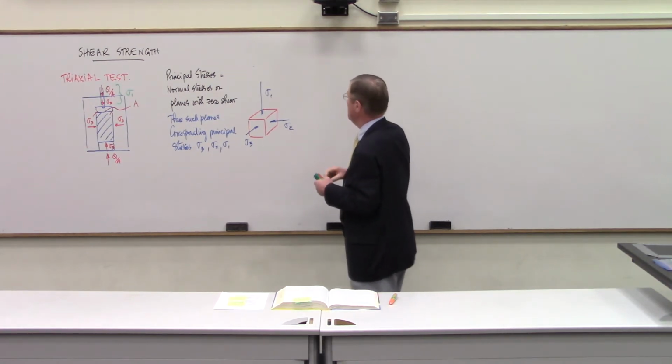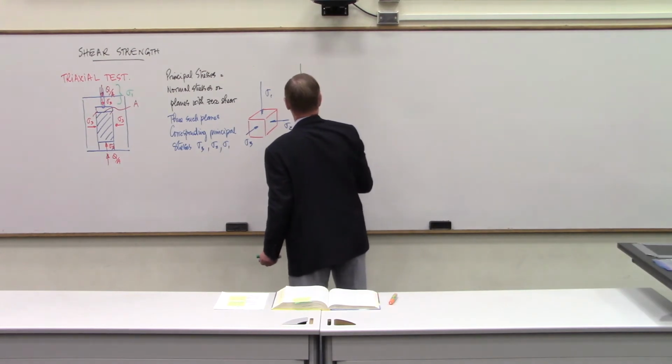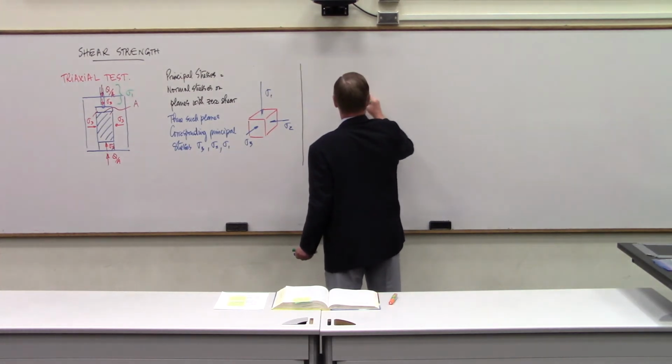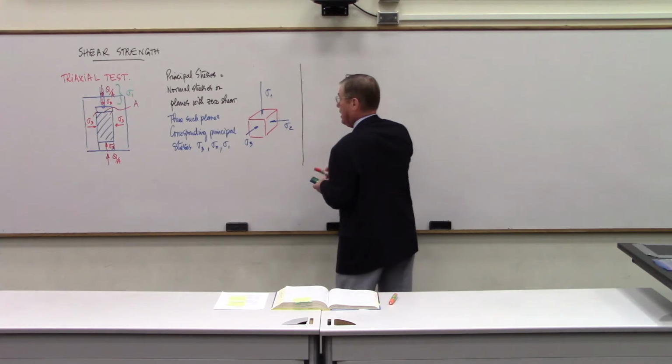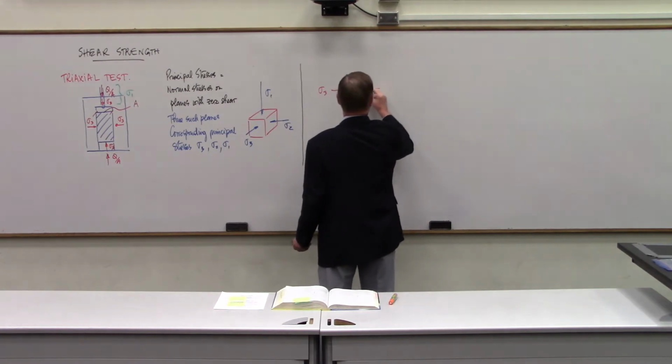The way we run the test is in two phases. As I explained, we have a first phase where we apply this confining pressure, sigma 3, all the way around.